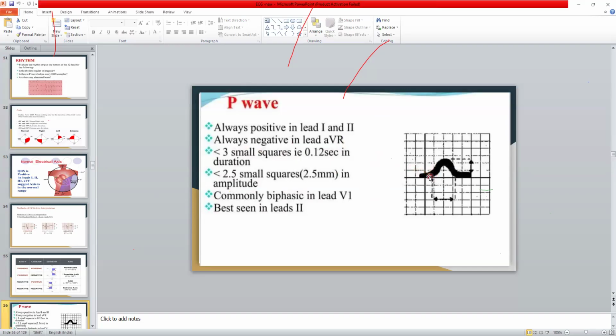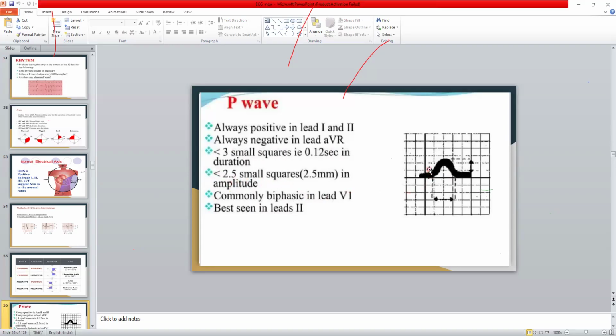A normal P wave has a duration of less than 3 small squares. That is the duration from the start of the P wave to the end of the P wave, which represents the right and the left atrial depolarization, which is 0.12 seconds. Whereas the amplitude, that is the vertical axis, should be less than 2.5 small squares.